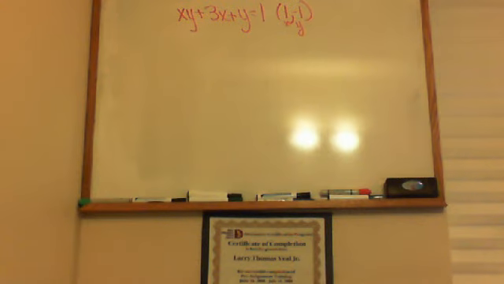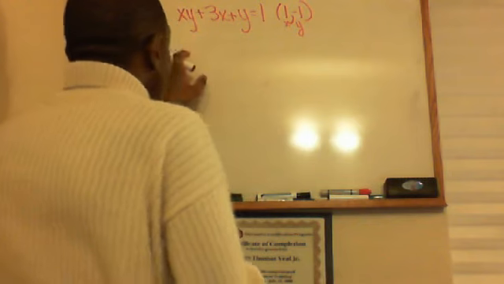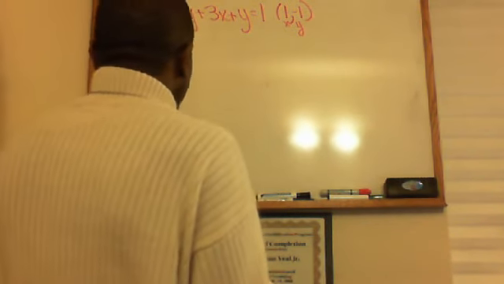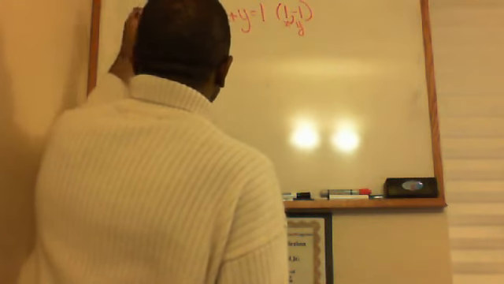What we have to do is take the derivative of this problem with respect to x on everything. However, we have to do it correctly with respect to y. Now, these two here are multiplied together, so we're going to use the product rule.